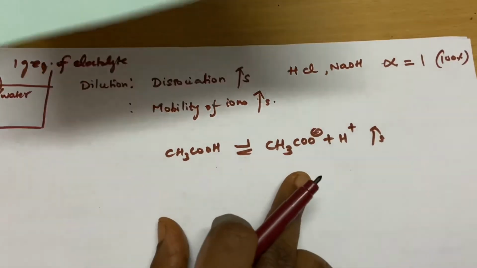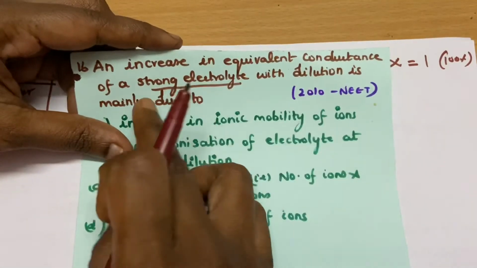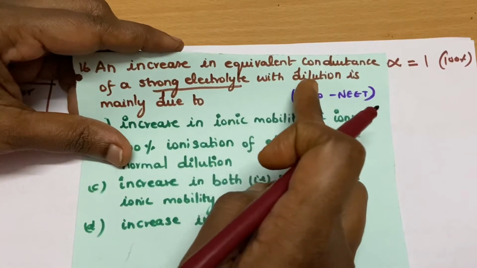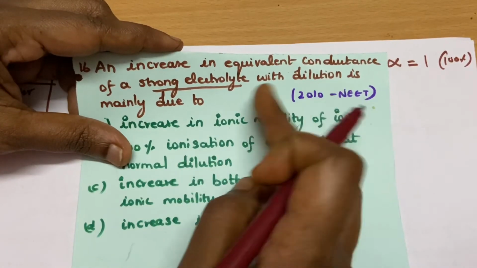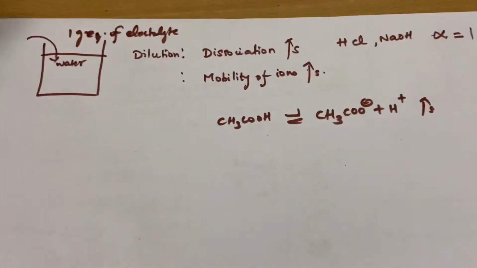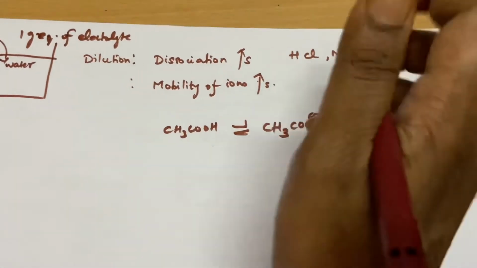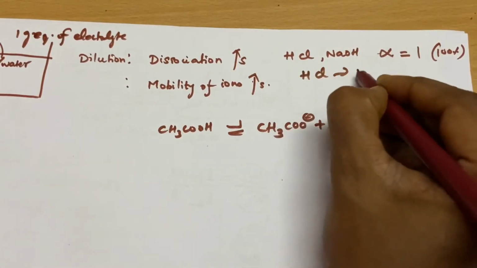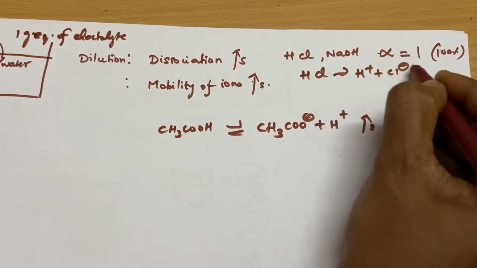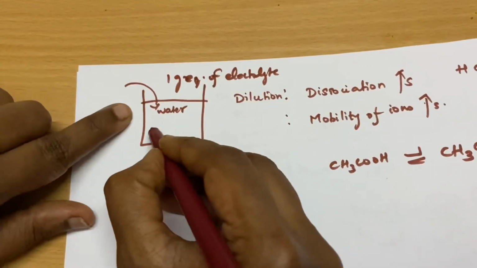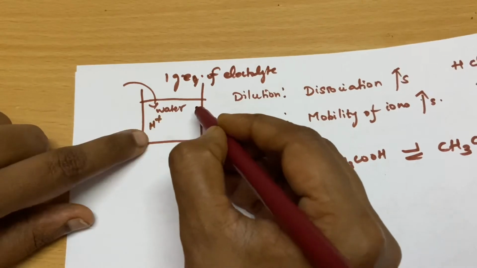So here they have asked: an increase in equivalent conductance of a strong electrolyte with dilution is mainly due to what? Here, these are already completely dissociated. But what happens while diluting?